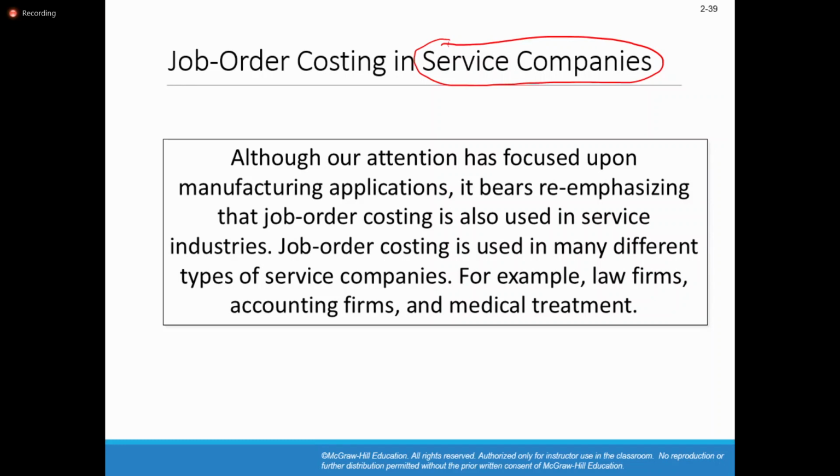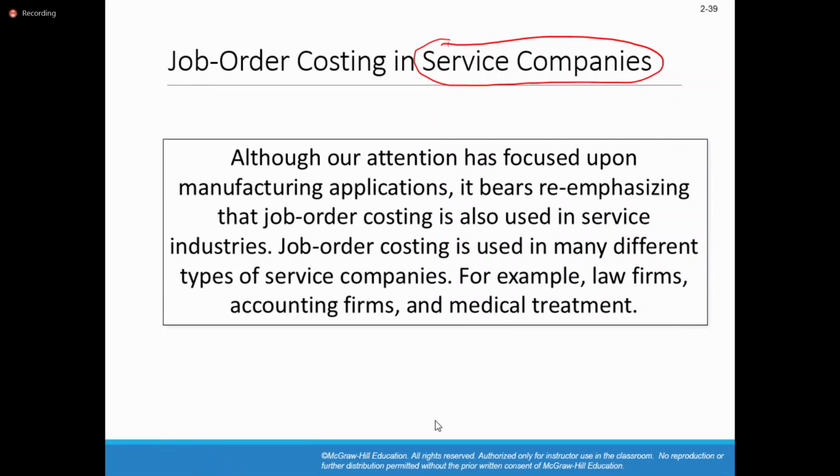But let's think of some direct materials for producing a movie. So you see, what kind of direct materials do you expect for a movie?